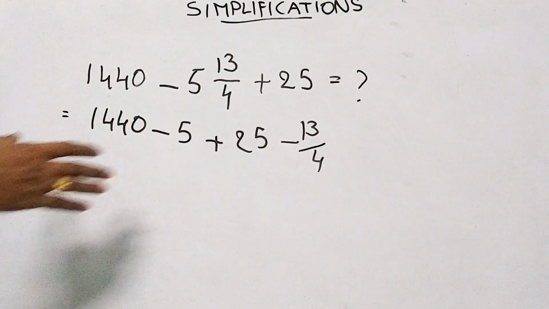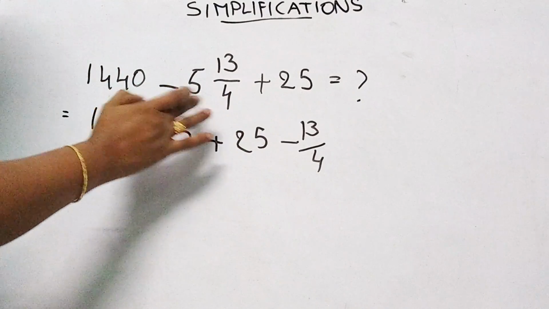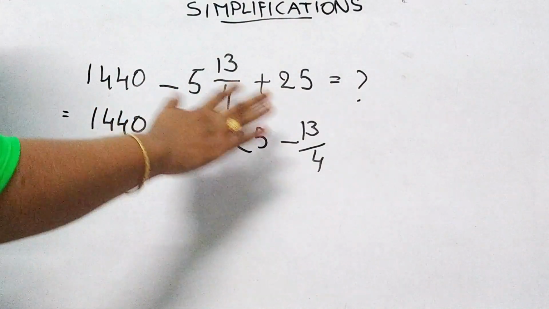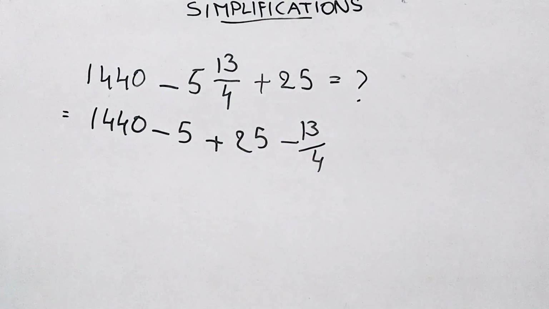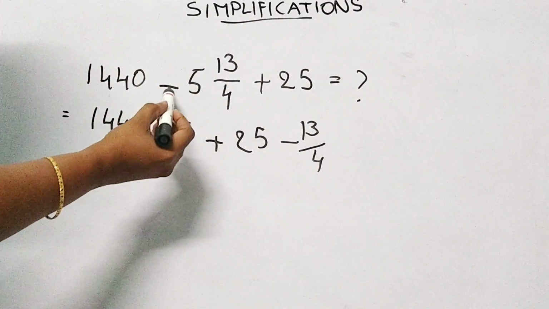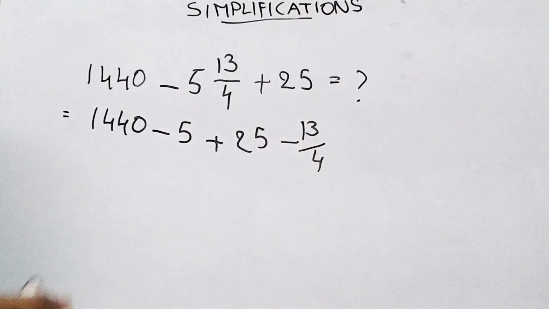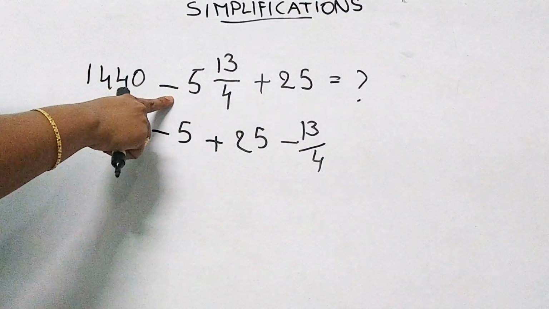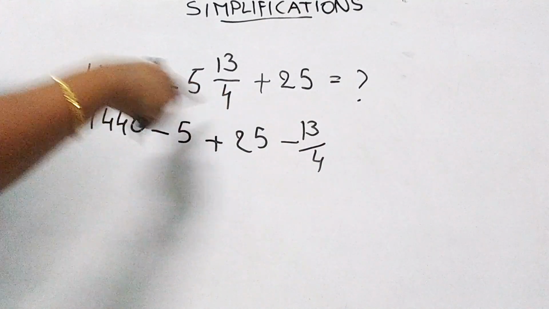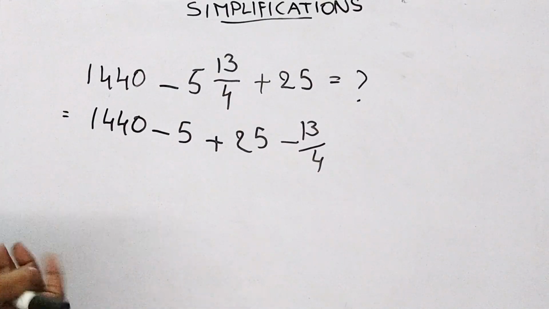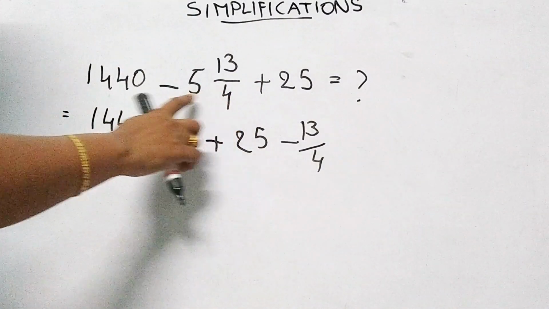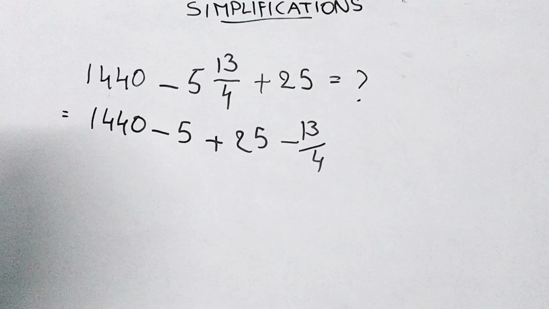I am writing all these whole numbers on one side and the fractional part on the other side. Are you clear with this? Why am I writing minus here? Because this minus applies to the integral part as well as the fractional part. So that's why I am writing 13 by 4 as minus 13 by 4.